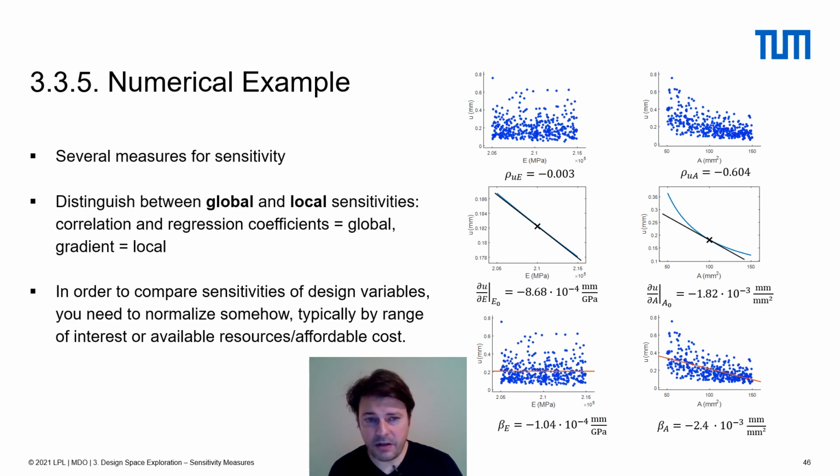You can compare correlation coefficients with each other because they have the same physical dimensions. You cannot directly compare gradients with each other. Neither can you compare regression coefficients with each other unless you normalize them. Well, when you compute correlation coefficients, you implicitly normalize.